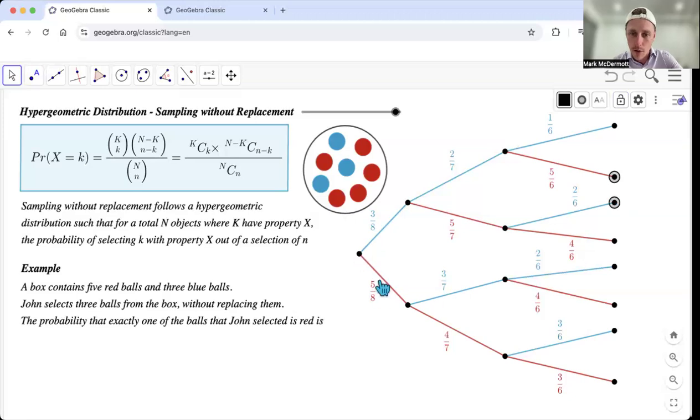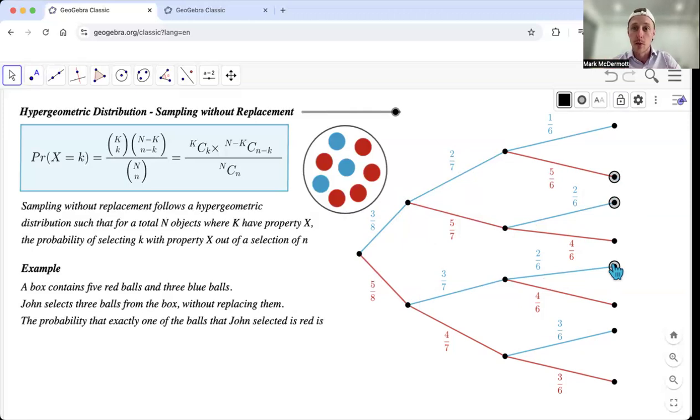Or you could go red, blue, blue. So you could go down there. So calculate each of these branches. So 3/8 times 2/7 times 5/6, plus 3/8 times 5/7 times 2/6, plus 5/8 times 3/7 times 2/6, and then add them all together. You'll get the correct answer.